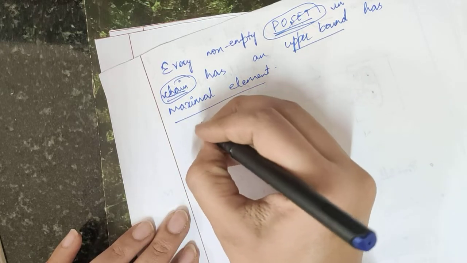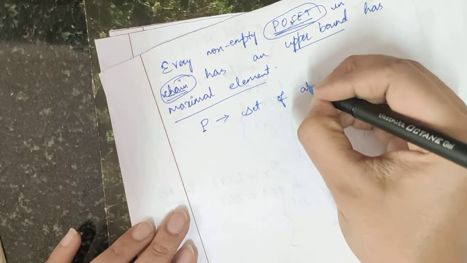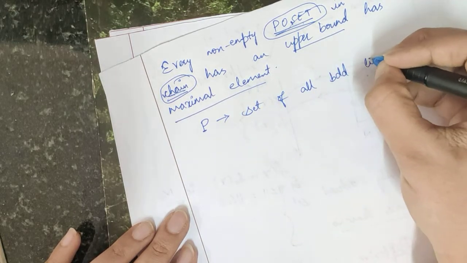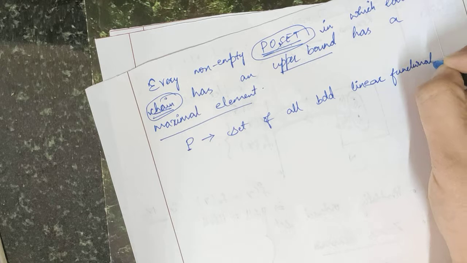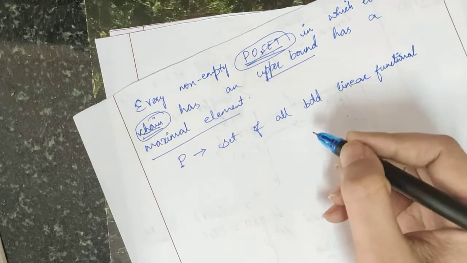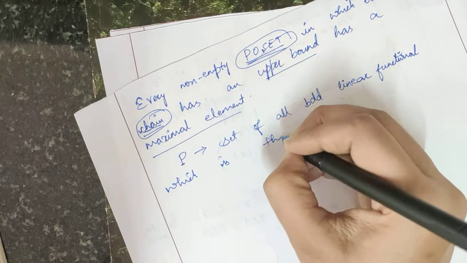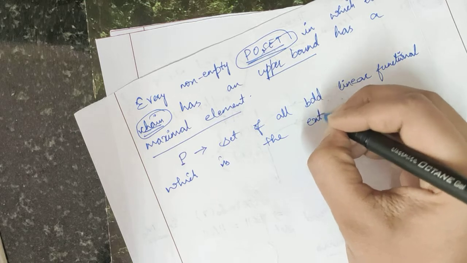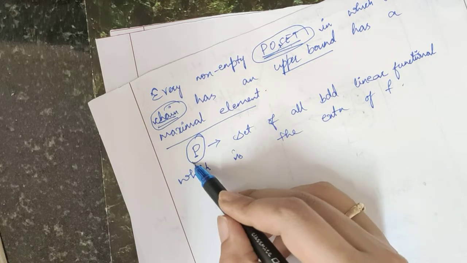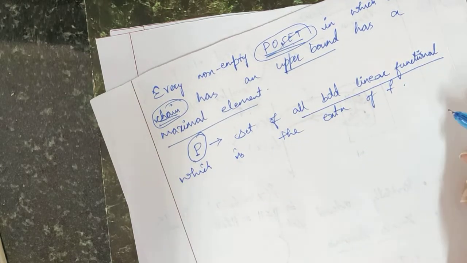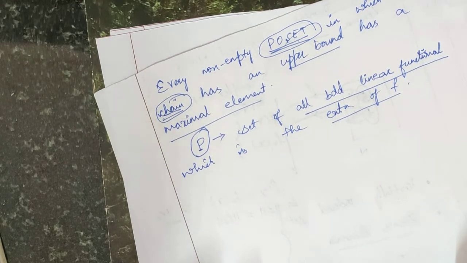First I will consider P as the set of all bounded linear functionals which are extensions of F. Okay, we are considering a set P, and this set P consists of all bounded linear functionals, and each bounded linear functional is an extension of F.